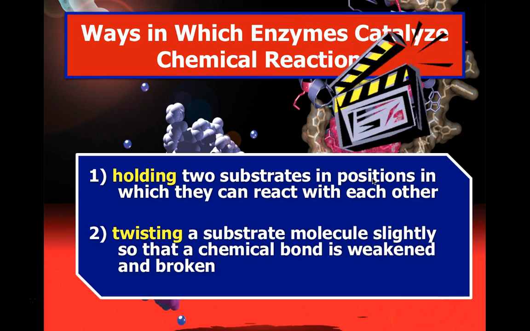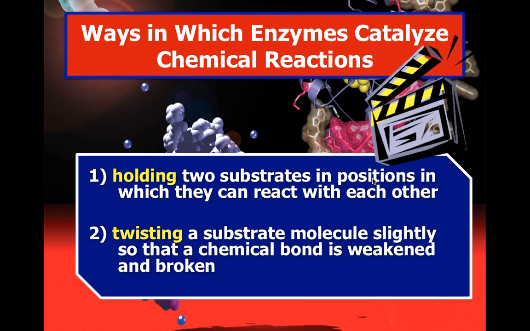The second way that chemical reactions are created by enzymes is the opposite. You're taking one large substrate, which is most likely a polymer, and you're slightly tweaking it so the bonds can be weakened, allowing for the monomers to be stable on their own, and you end up with 2 monomers as your product.